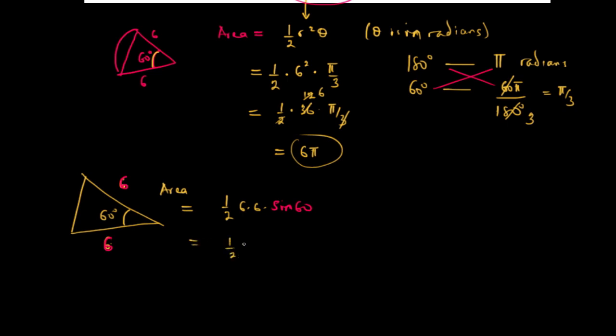And then this is just half times 36 times the sine of 60, which is root 3 all over 2. So you have 2 here, you have 18, and then 2 here, you have 9. So your answer is going to be 9 square root of 3.